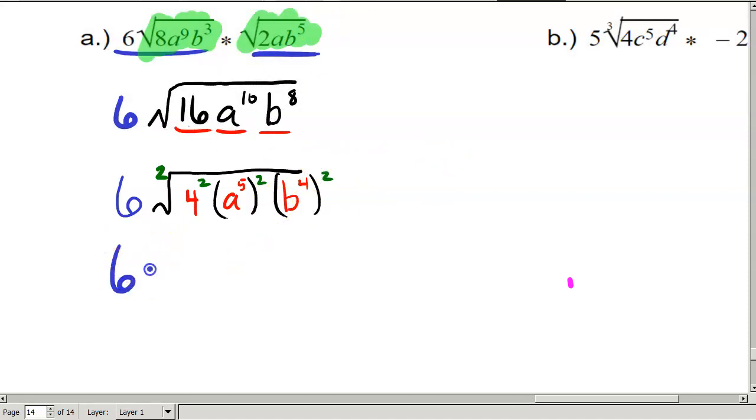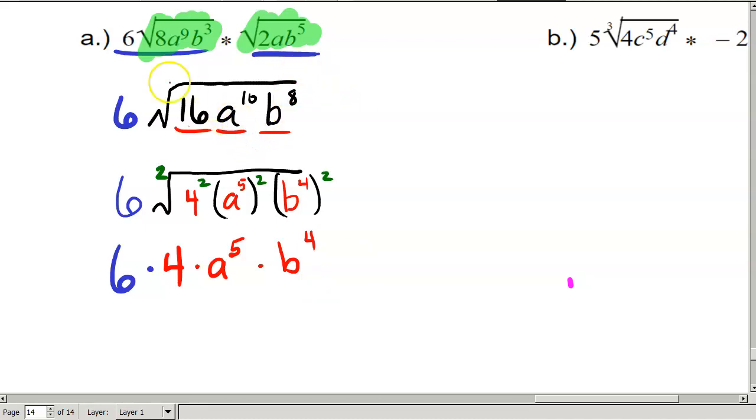I have a 6 that's already out. I know I can pull out a 4 because the square root of 16 is 4. I know I can pull out a to the 5th because I know that the square root of a to the 10th is a to the 5th. And then the square root of b to the 8th, I know I can pull out this b to the 4th right there. So there's several different ways you can visualize that or think about what you're doing there.